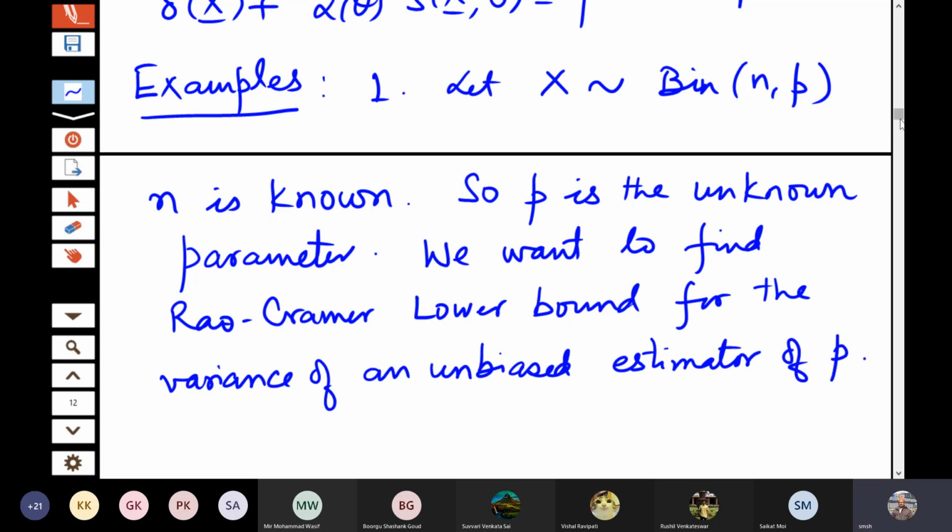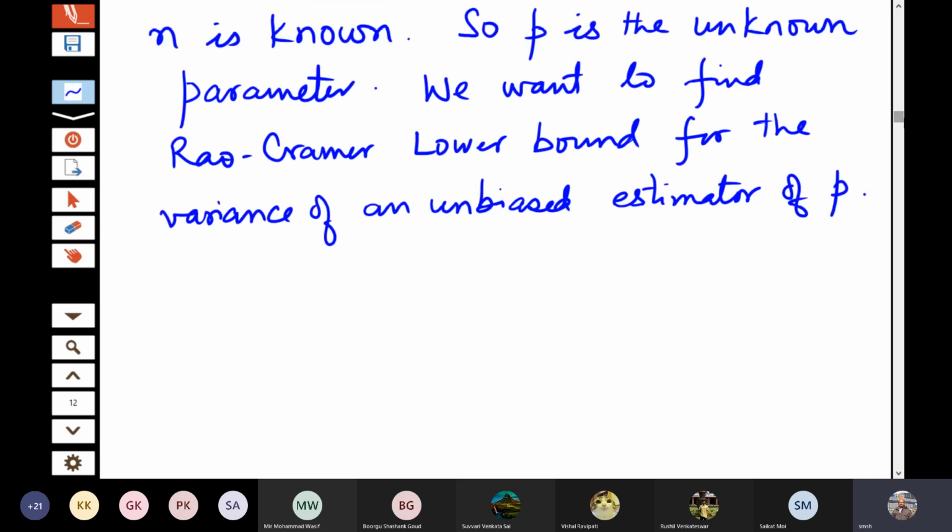So here I am taking p, and for p, I want to find out what the lower bound is.